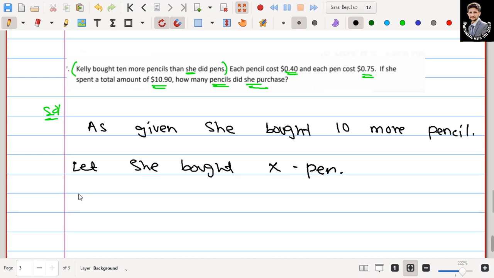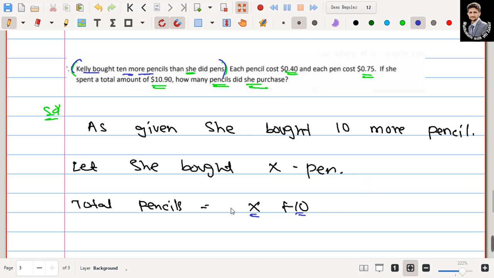If she bought x pens, then the total number of pencils from the above condition will be x plus 10. See this condition: Kelly bought 10 more pencils. She bought 10 more pencils than pens. So x is my pens. If I add 10 to this x, then I will get the total number of pencils as given in the question. So x plus 10 will satisfy this condition in the question.